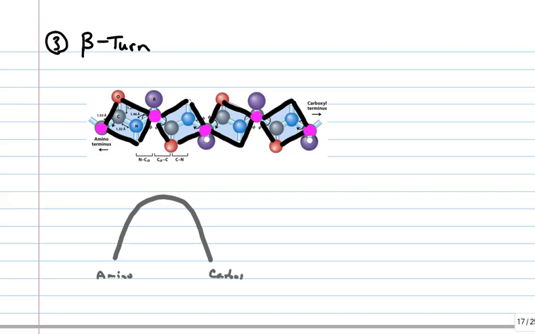This could be carboxyl. And then where are the alpha carbons? Well, they're just along the turn. And so this really is kind of a 180-degree turn. You're going one direction and you basically make a U-turn and you're going back the other direction.